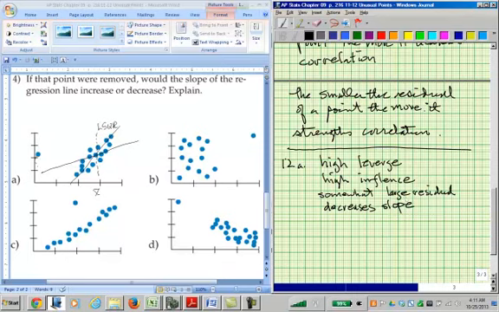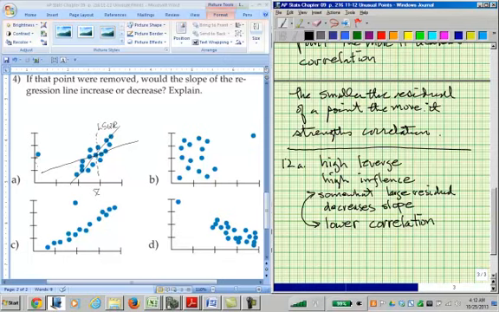And it's going to lower correlation. Why? Because of its residual. It's going to have a bigger residual than the rest of these points.